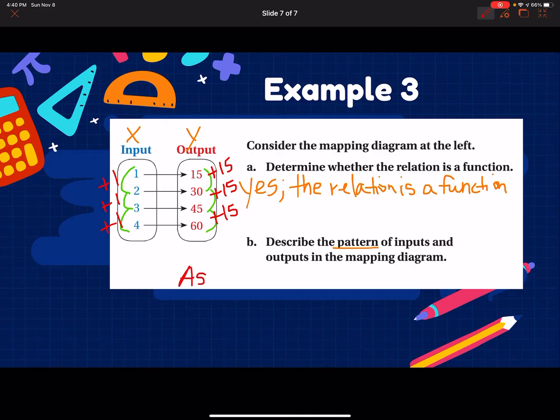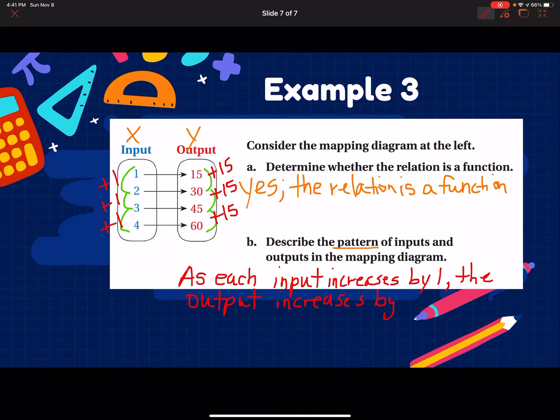So I could say as each input, which is our x value, increases by 1, the output increases by 15.